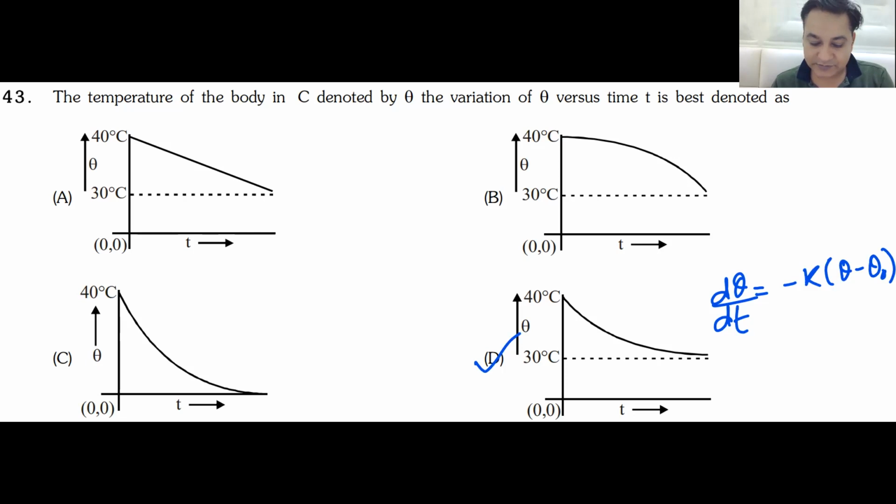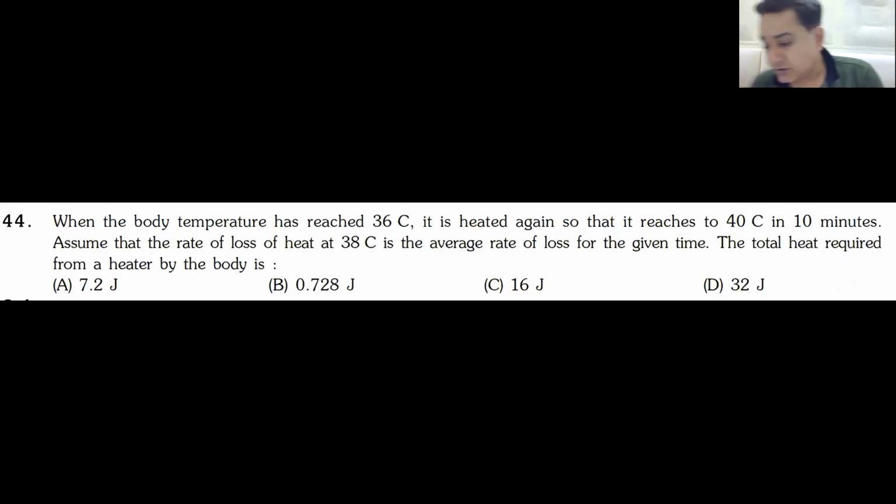Okay, then comes the last one. If you can do this, that means your Newton's laws of cooling is well covered. When the body temperature has reached 36 degrees Celsius, it is heated again so that it reaches 40 degrees Celsius in 10 minutes.